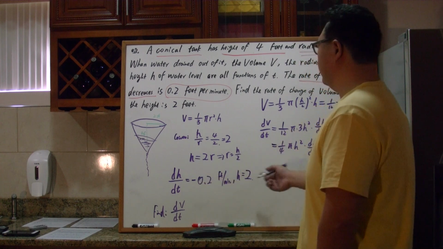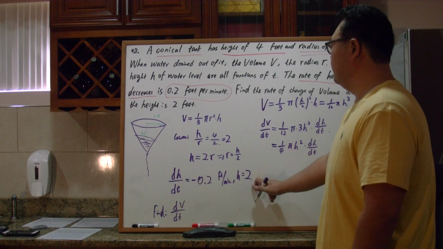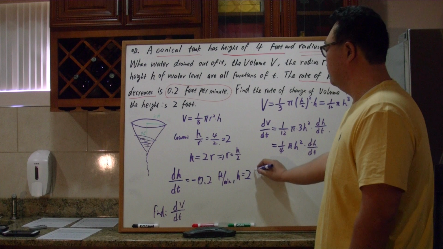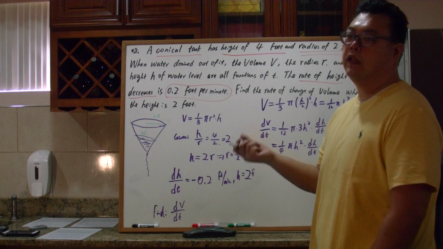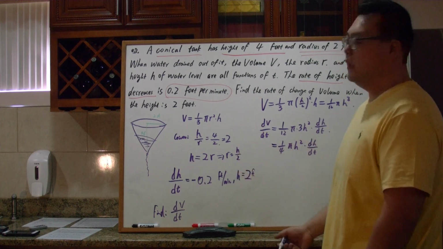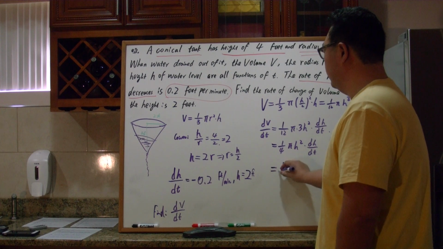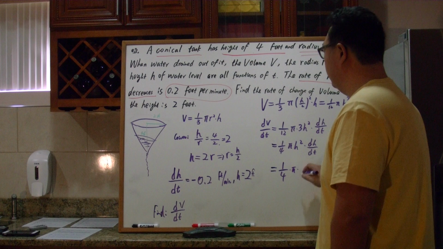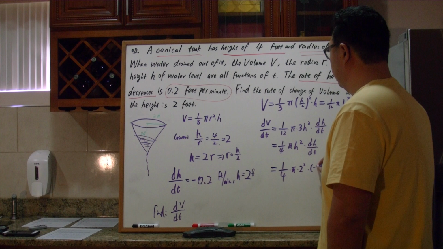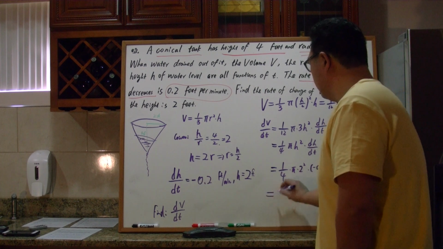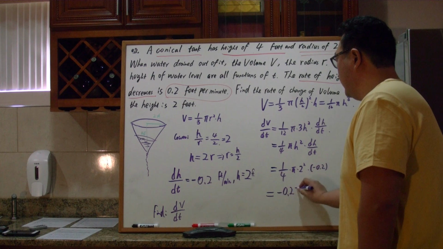We're given dh/dt is negative 0.2. We're given height is 2. The unit, if you're concerned, is feet. Then we have square feet multiplied by feet per minute, which gives cubic feet per minute, appropriate for the volume changing. 1/4 pi times the square of 2 times negative 0.2. 4 over 4 cancels, negative 0.2 pi.